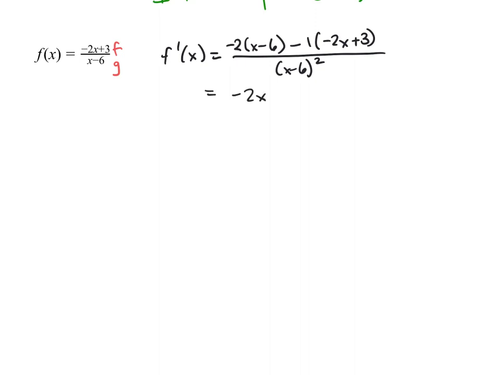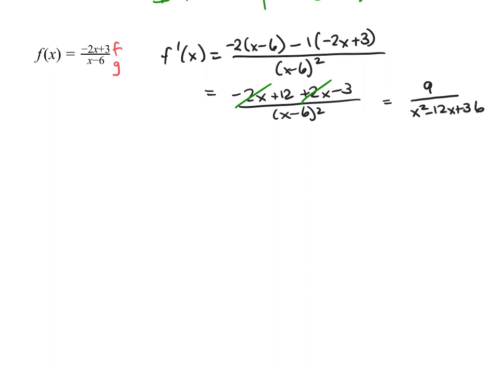So let's see, this gives us negative 2x plus 12 plus 2x minus 3 all over x minus 6 squared. Well, good news on this one, the x's cancel. And so this just simply becomes 9 over x squared minus 12x plus 36. So I went ahead and I FOILed this out because when I have to do a derivative again, it's better to have that FOILed out than kind of compact in there. So that's why I did that.